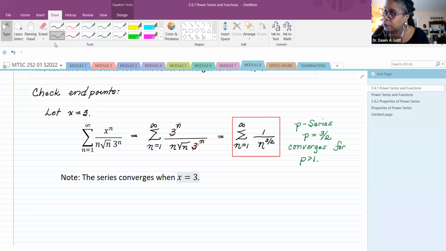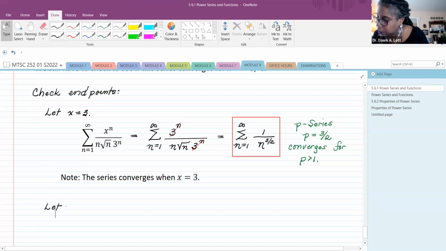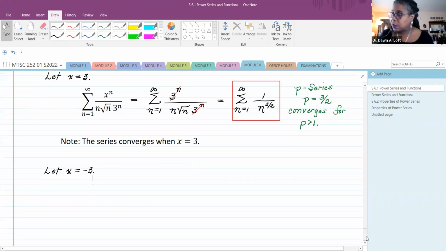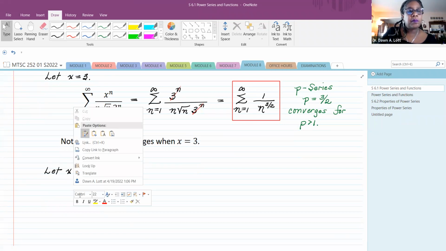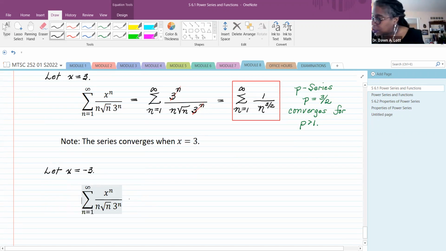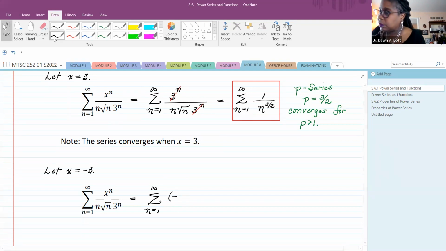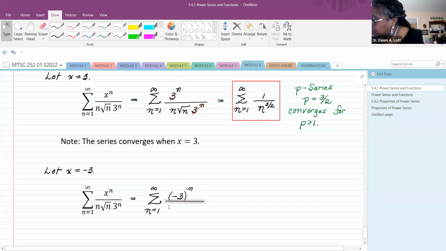So let x equal -3. Now we get the sum from n equals 1 to infinity of (-3) to the n divided by n times the square root of n times 3 to the n.